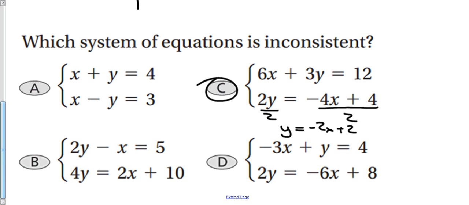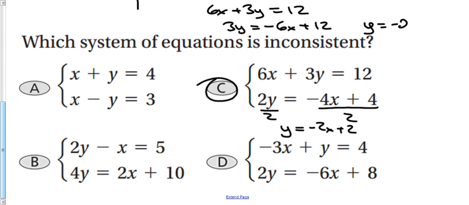And when I solve the first one for y, 6x plus 3y is equal to 12, subtract 6x from both sides, I get 3y is equal to negative 6x plus 12. Divide everything by 3, so y is equal to negative 2x plus 4. Same slope, different intercept. That's inconsistent. Same slope, same intercept. That's dependent. Different slope, that's independent.